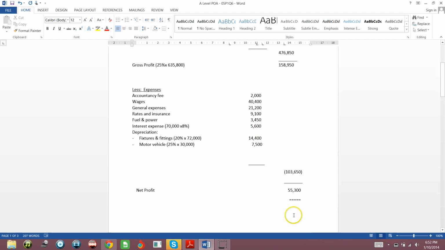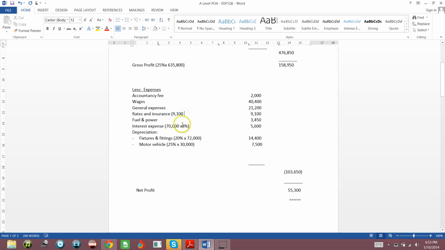Okay, so you see this rates and insurance, the amount that they paid for rates and insurance is 9,100. But at the end of it, additional information says that the insurance prepaid is 750.